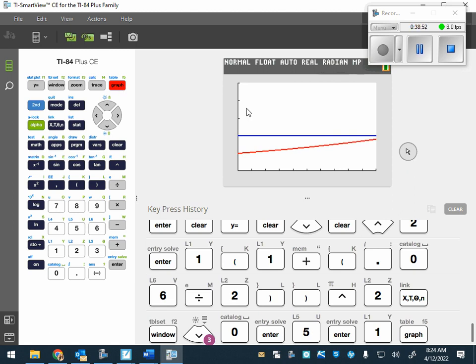Do we see an intersection yet? So from here, since we don't see the intersection, if you were to try to do second trace intersect, you'll get no sign change because we don't see it. What do we have to adjust?